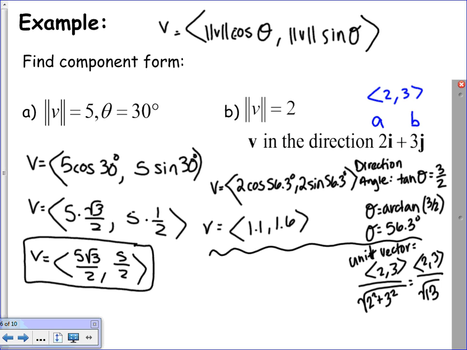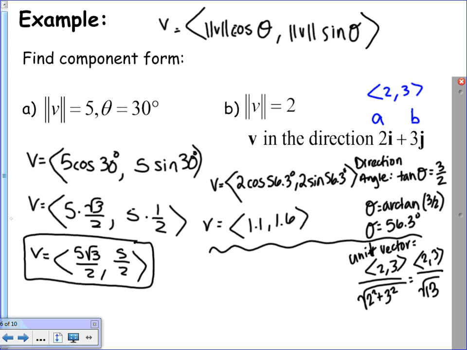Okay. And if you rationalize that, let me move my screen. If I rationalize that, I would get 2 square root 13 over 13, and then 3 square root 13 all over 13.